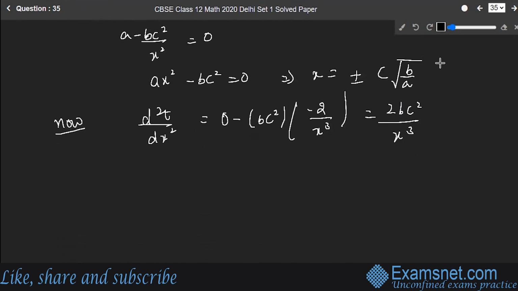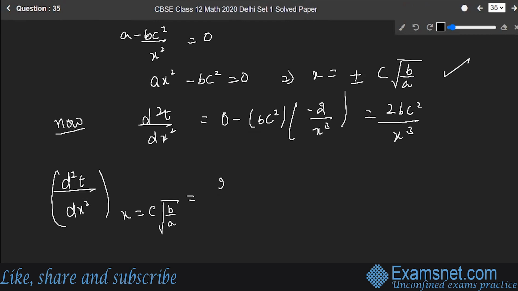So let's put x is equal to plus or minus c root of b upon a over here. The second derivative at x equal to positive c root of b upon a is equal to 2bc square upon c cube into b upon a into this cube, right?